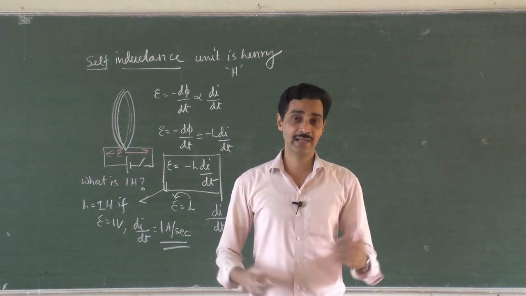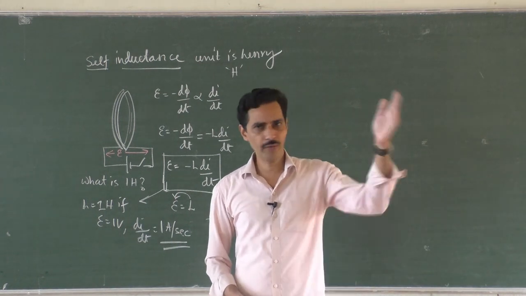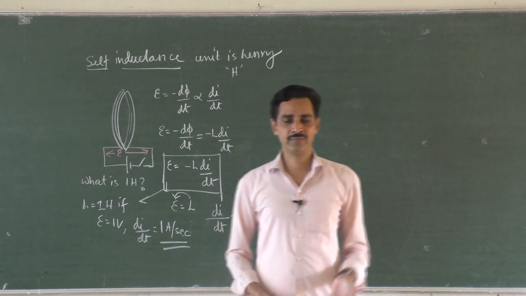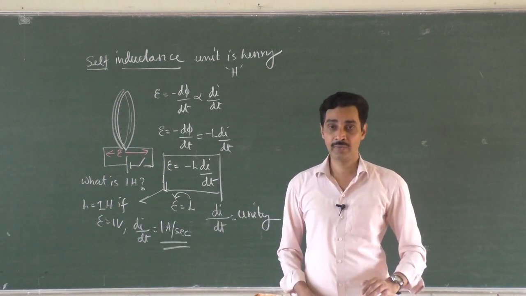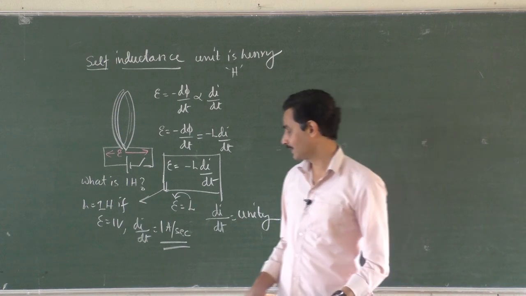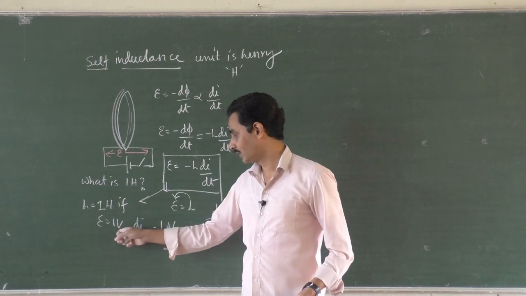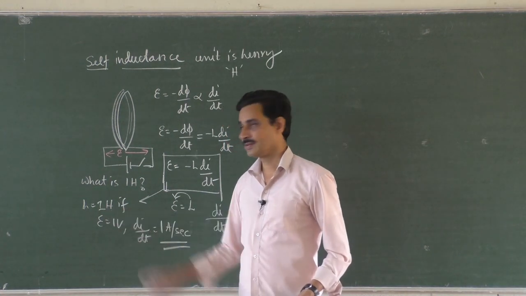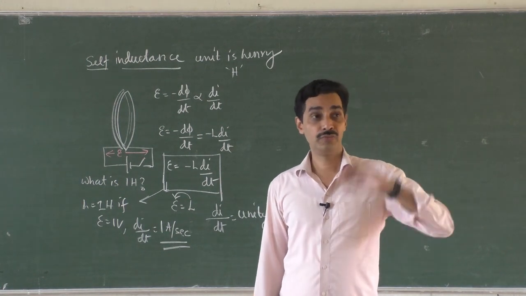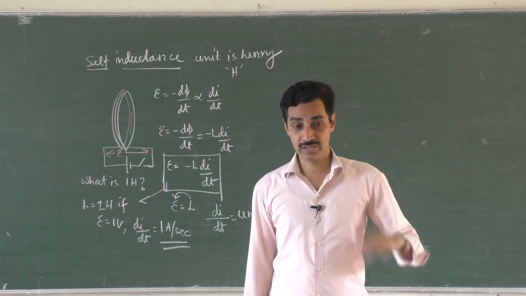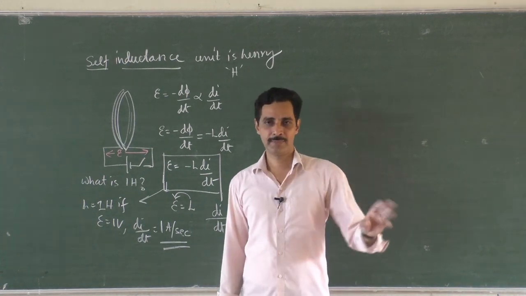Even if the current decreases by 1 ampere per second or increases by 1 ampere per second, whatever the voltage induced, if it is 1 volt, then self-inductance is 1 Henry.